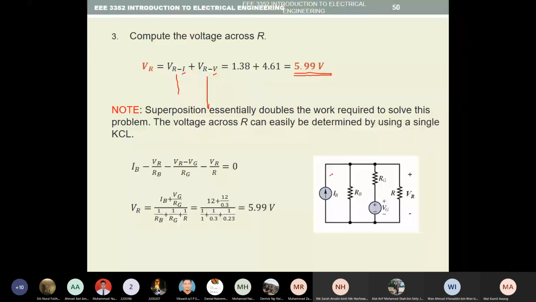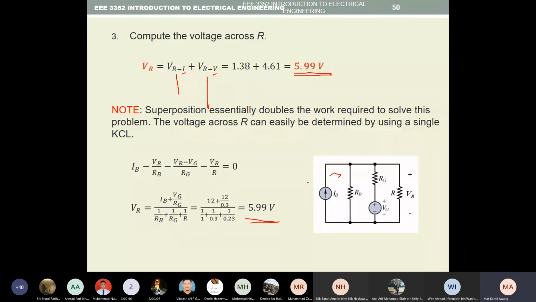IB is equal to VR over RB, plus VR minus VG over RG, plus VR over R. Rearrange the equation and you get this value. So the superposition method actually doubles the calculation.